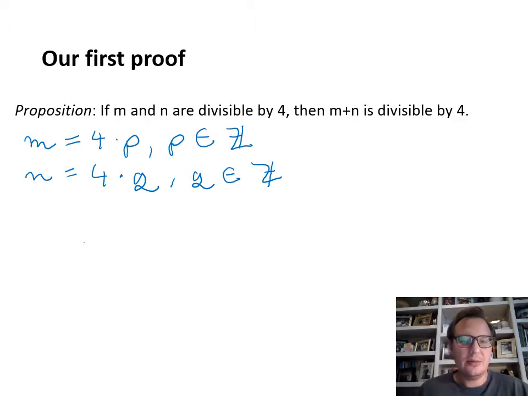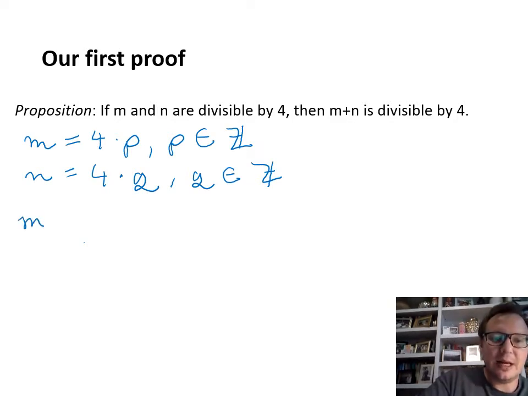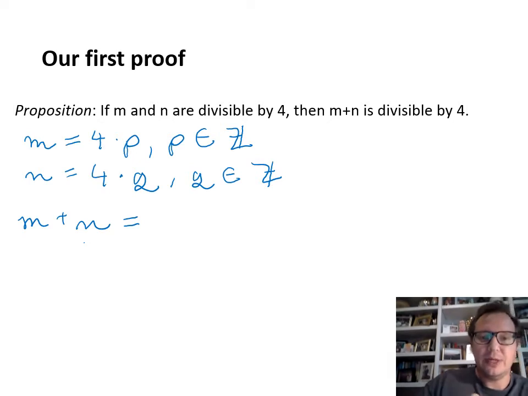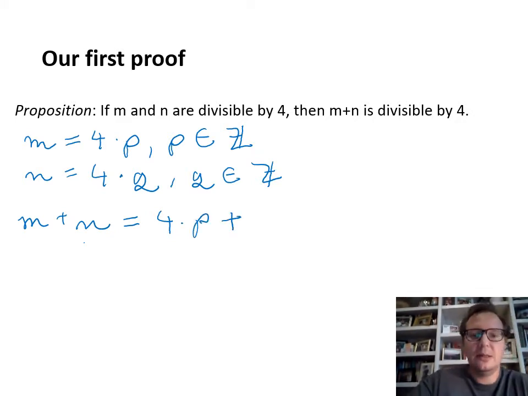And then we want to prove that m plus n is divisible by 4. So let's now try to plug in these facts into m plus n. So if we do that, we get that m plus n is equal to 4 times p plus 4 times q.